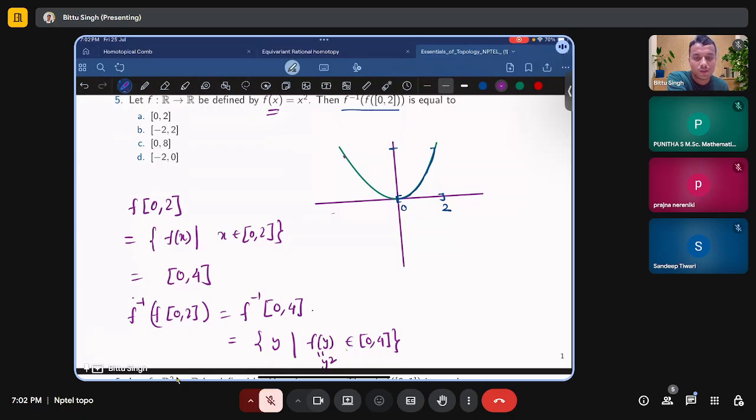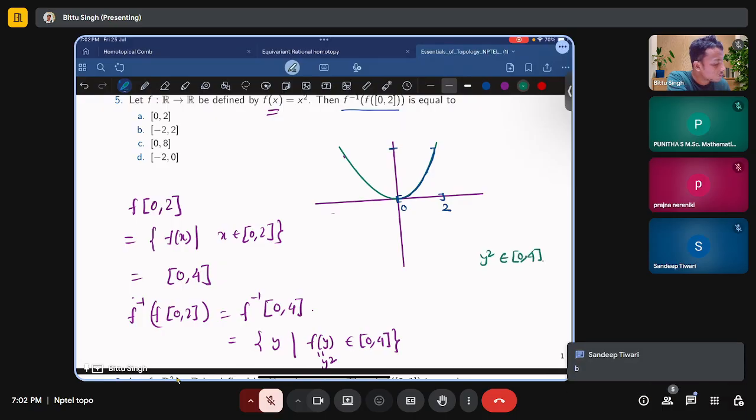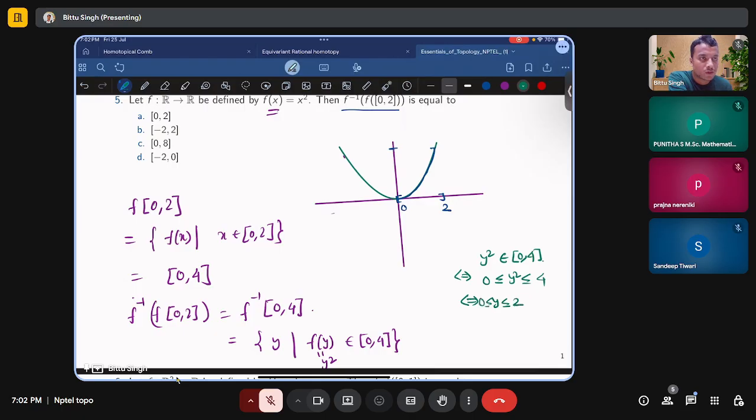Then what will be the answer? So, roughly, y squared belongs to [0,4] if and only if y squared is less than or equal to 4, and then either y is less than or equal to 2, or there is also another choice, y is greater than or equal to -2 and bounded up to 0.